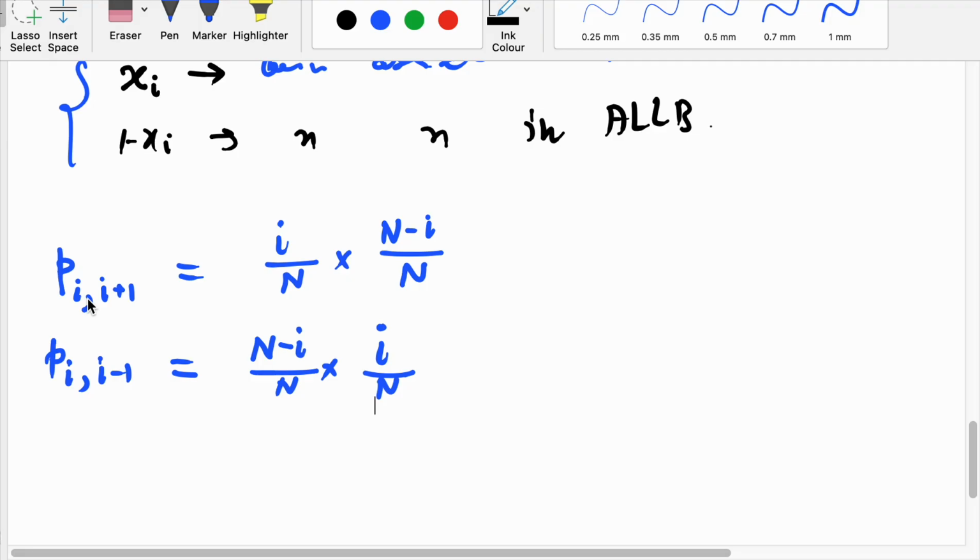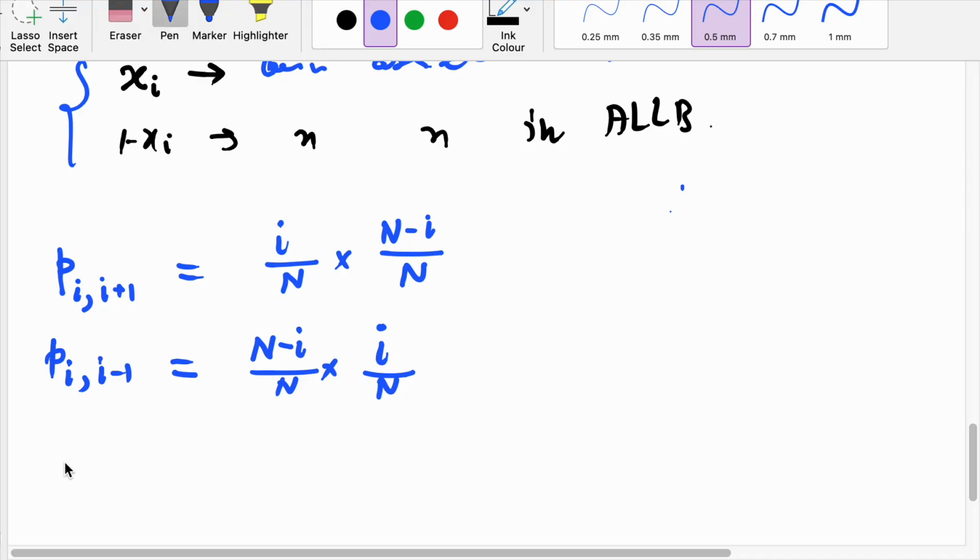Oh, I see. So I select 1 A with the probability of i by n, and then 1 B must die, isn't it? Yes, to keep things balanced. So there should then have been n minus i. Oh, I see. Yes, you are right.